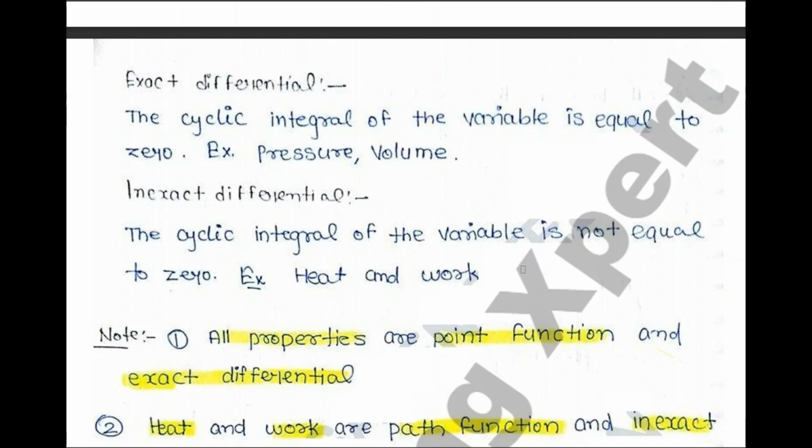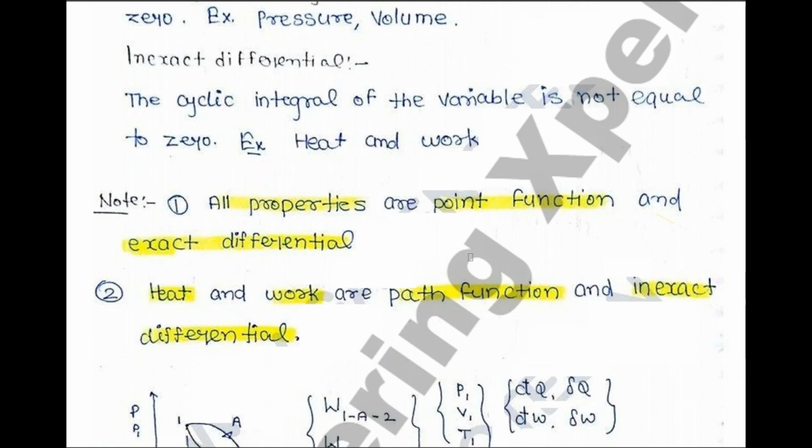Exact differentials refer to the integral of a variable. The cyclic integral of a variable with an exact differential is zero, and examples are pressure and volume. The cyclic integral of an inexact differential is not zero, like heat and work.